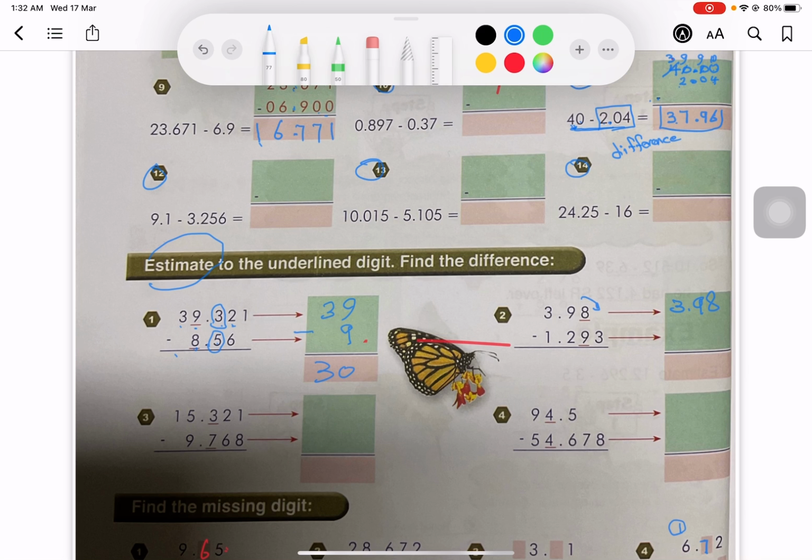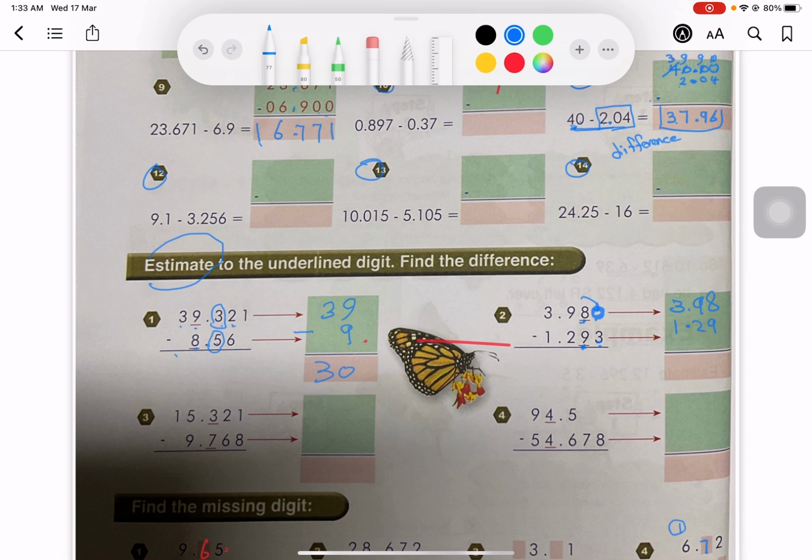It will stay the same because there is no digit there. They underlined the 9. The 9 here has 0. It means that it has 0. So the 0 will not give the 8 anything, so the 8 will stay the same. So my number will stay the same. It's 3.98. Now what about this number? The 3 will not give the 9 anything, so the 9 will also stay the same, but this will become 0.